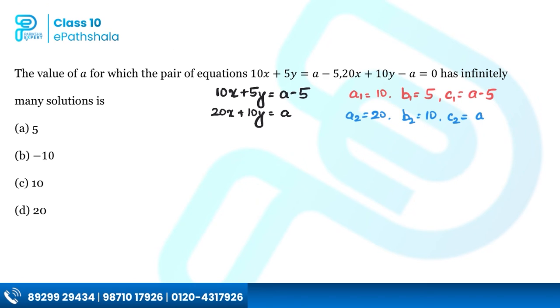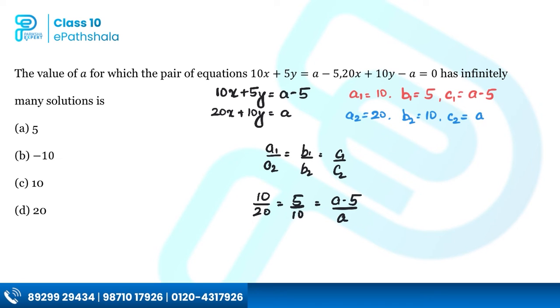For infinitely many solutions, the lines have to be coincident, lying one over the other. So the condition is that a1 upon a2 should be equal to b1 upon b2 should be equal to c1 upon c2, that is, 10 by 20 should be equal to 5 by 10 should be equal to a minus 5 by a.